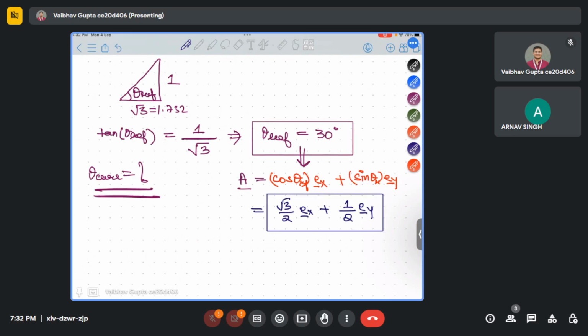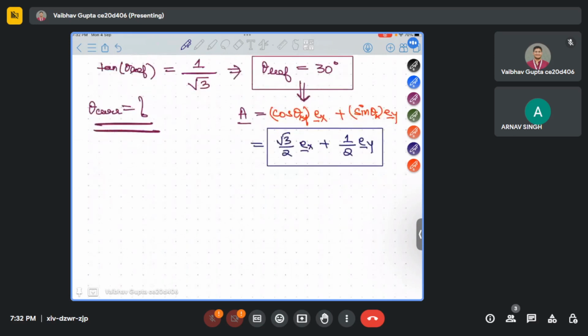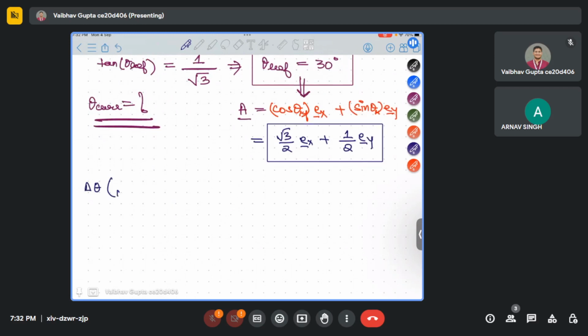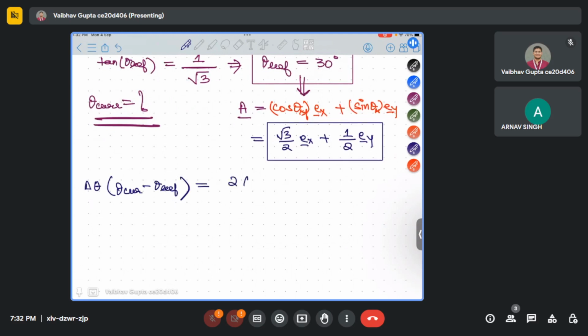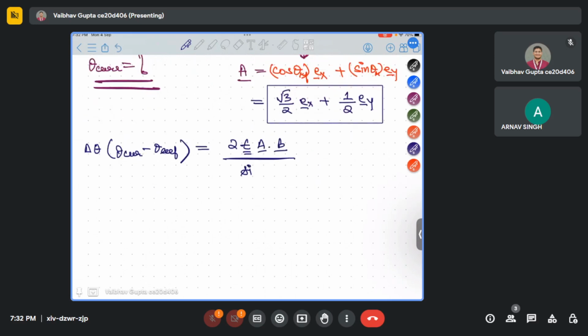Now you have studied one more thing, that change in angle, which is nothing but theta current minus theta ref, is nothing but 2 epsilon A dotted B upon sin theta ref angle.